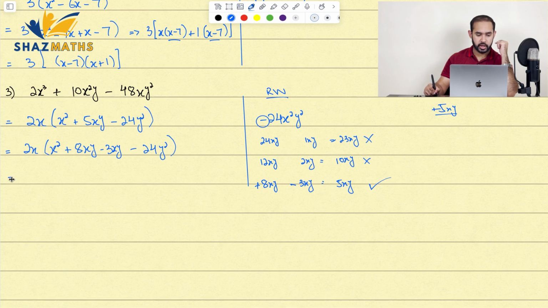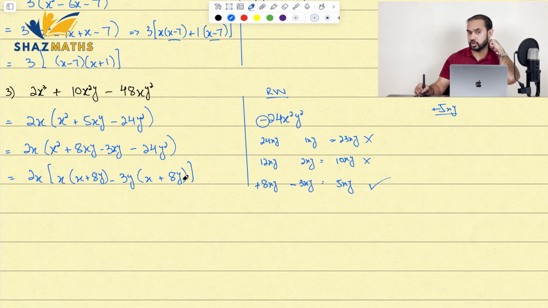Okay, and the last step, in fact the second last step I would say, you will make the pairs. So I'm going to take x as common in the first two terms, and it would be x plus 8y, and then in the next two terms I'm going to take negative 3y as common, so it's going to be x plus 8y, and let's close the bracket.